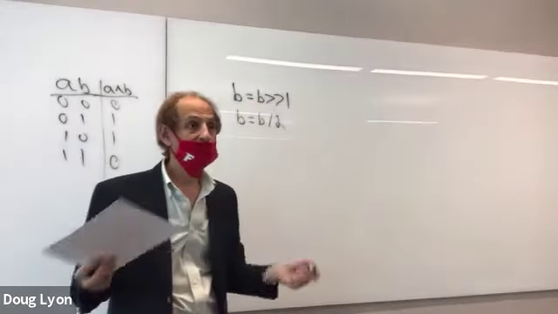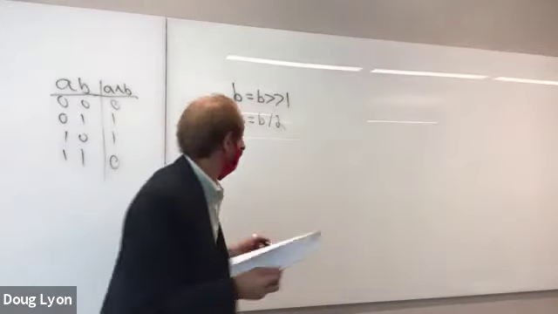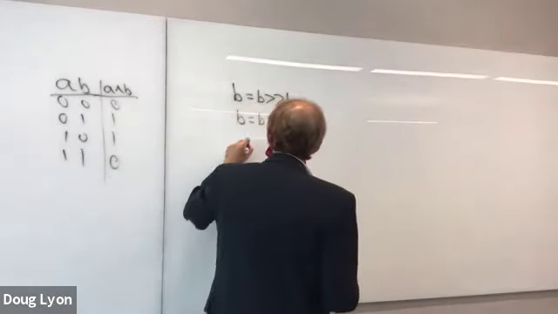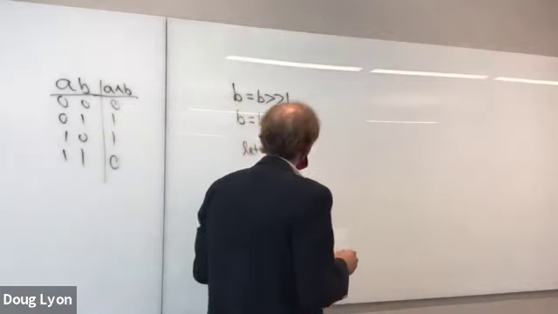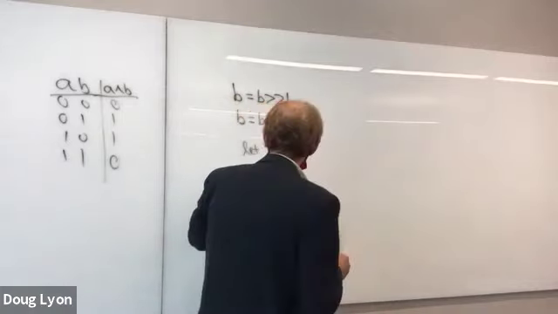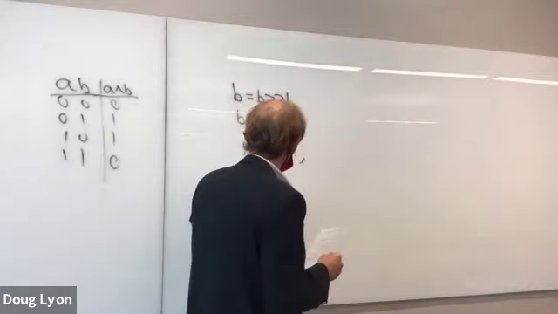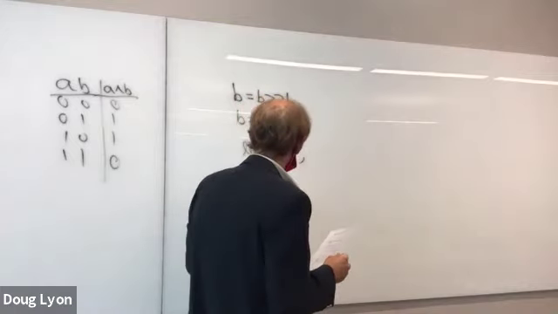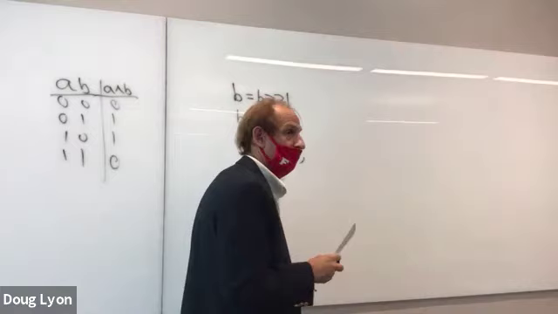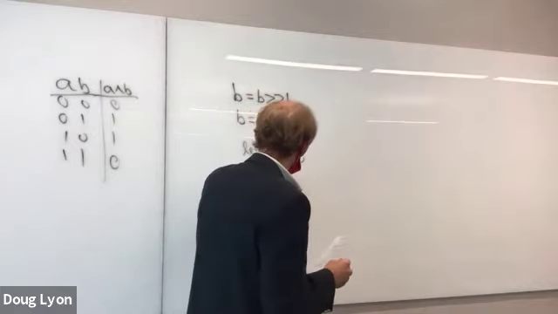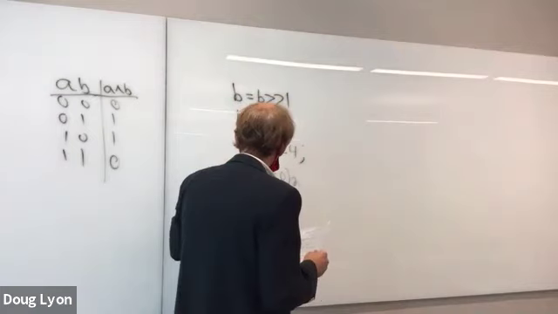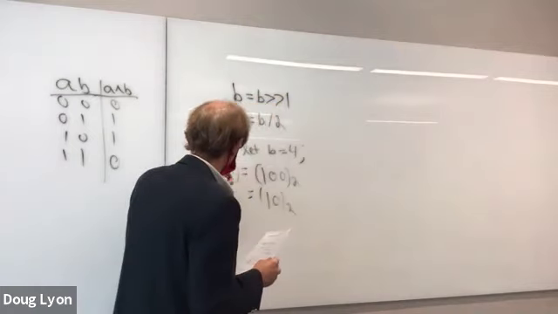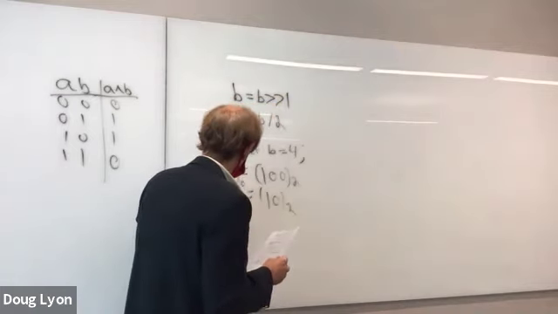In case you had any question at all about this, let's do a sample. Let B equal 4, base 10. That means B is equal to 1, 0, 0. Now let's shift it over by 1 bit. Now I have 1, 0. If this is the binary for 4, then this must be the binary for 2.